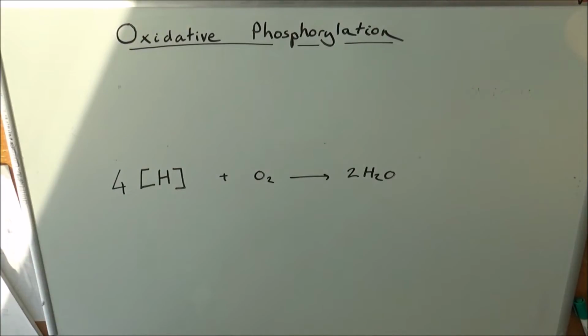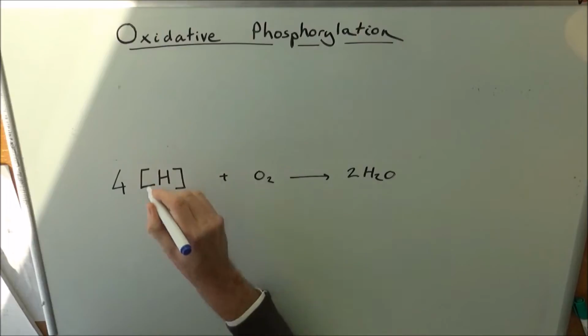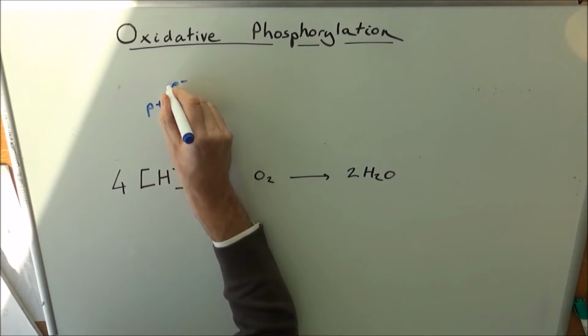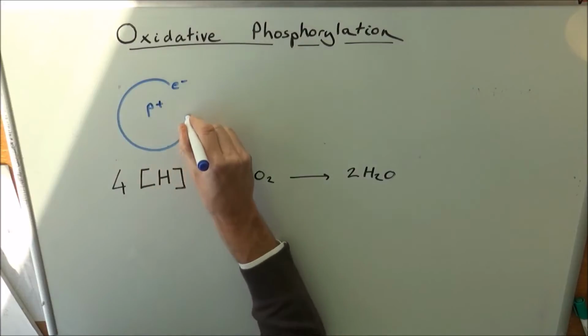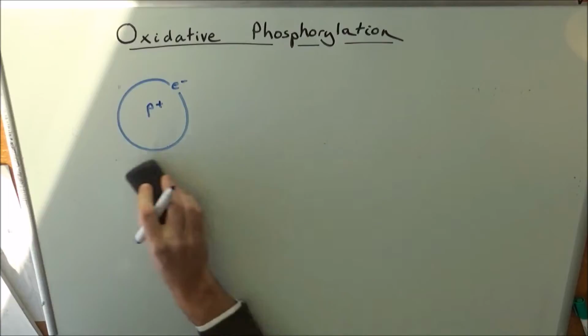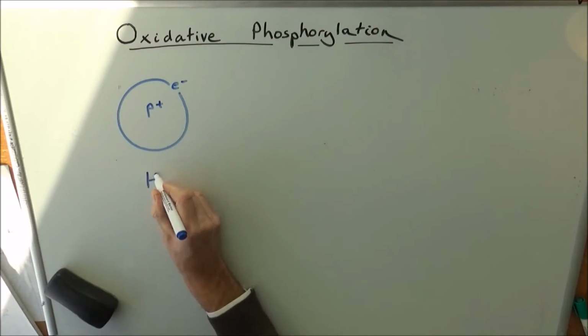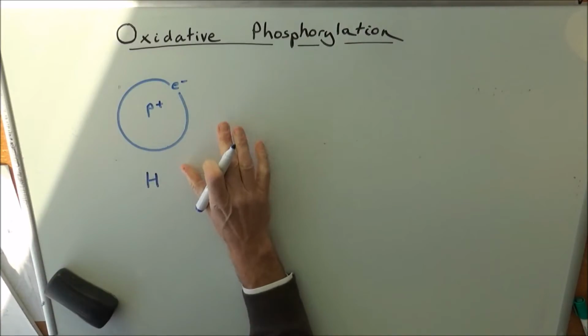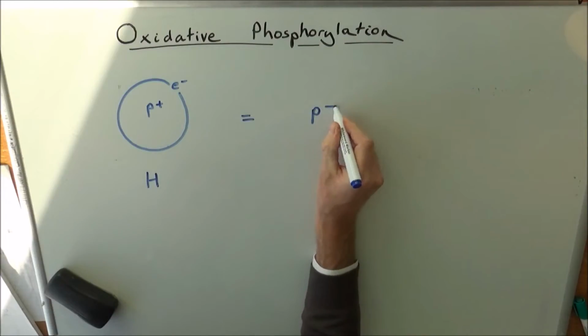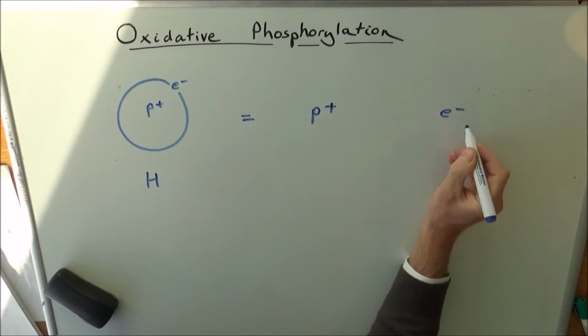If we think of a hydrogen atom, we have a proton in the nucleus and 1 electron in the first shell. So the hydrogen atom is the simplest possible atom. There it is. And we can think of that as being a proton and an electron.